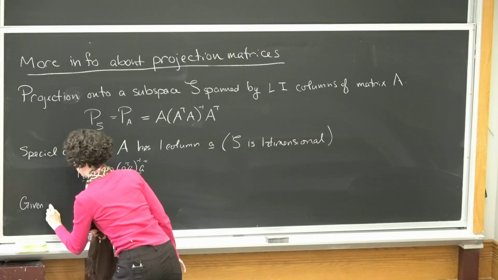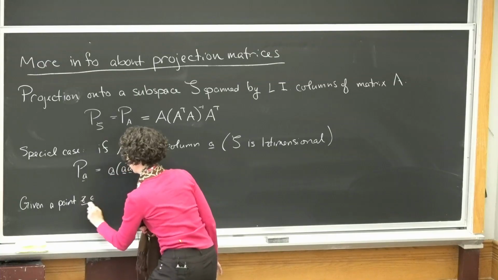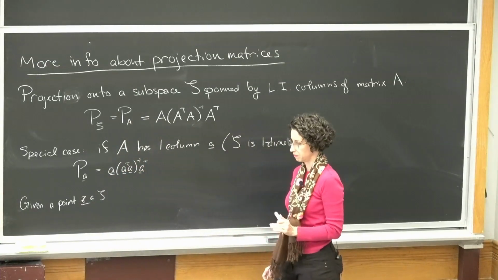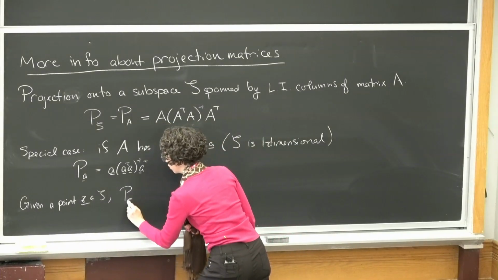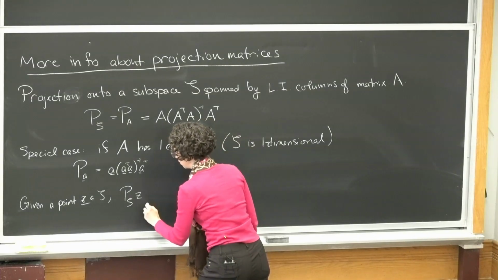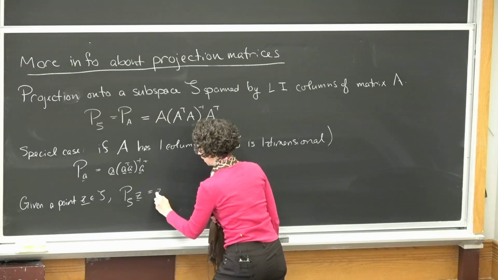If we are given a point z that is inside our subspace already, and then we compute the projection of that point onto the subspace, then we're just going to get that point back.